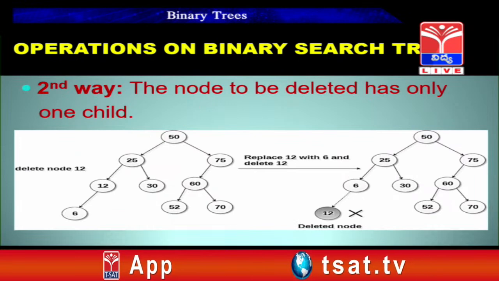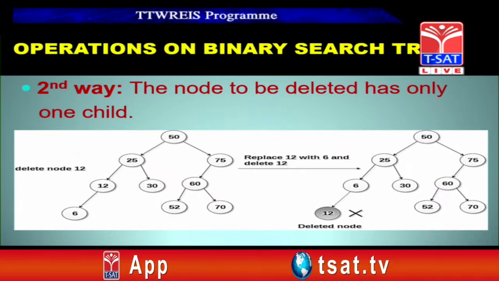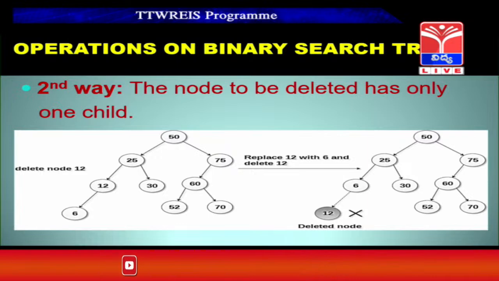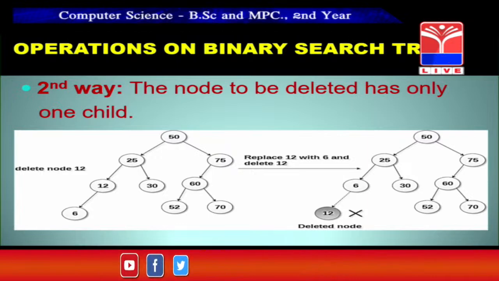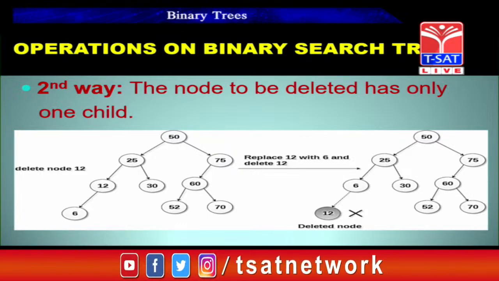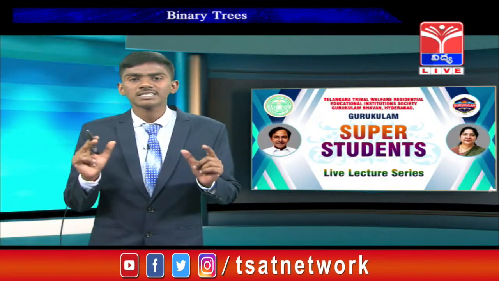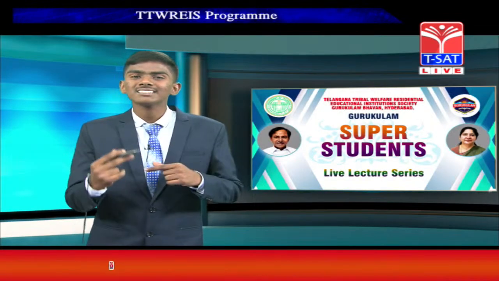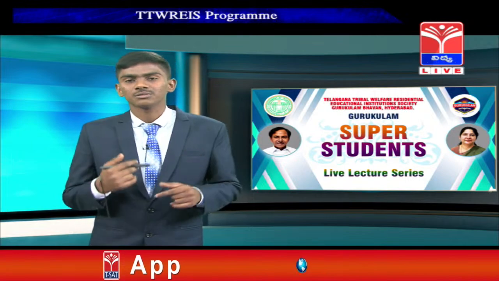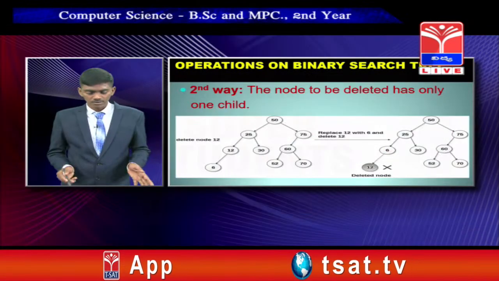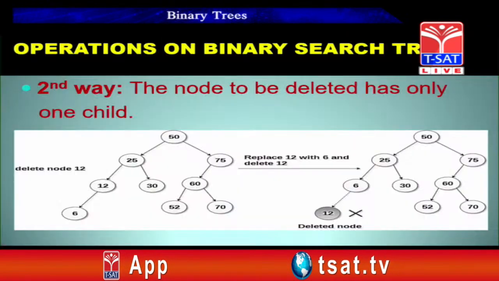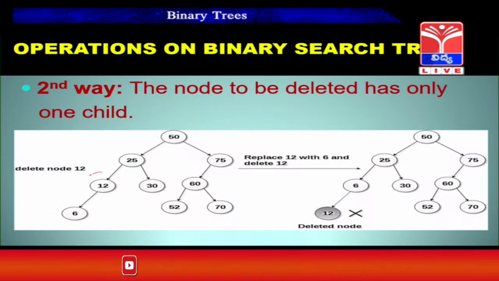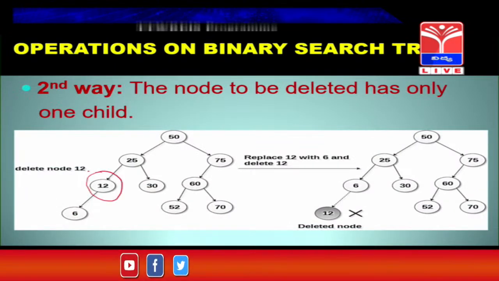And coming to the second one, delete a node with one child. It is the second deletion method. While deleting a node with one child, we must replace that node with its child node. See the example here. In this example I want to delete the data element 12.